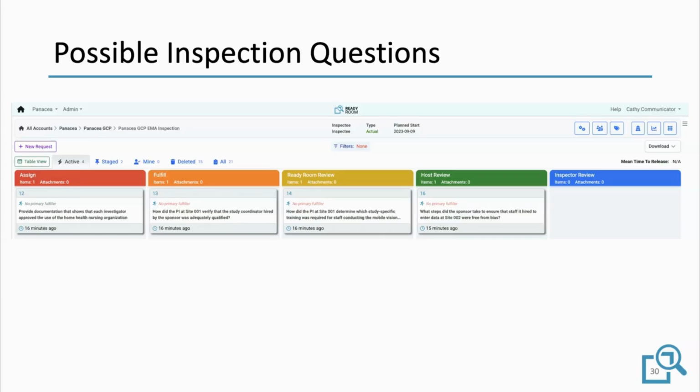So how did the PI at site 001 determine which study-specific training was required for staff conducting the mobile vision clinic exams? So there's always this thing around training, right? Having a record. And perhaps another question could be, what steps did the sponsor take to ensure that staff it hired to enter the data at site X were free from bias?